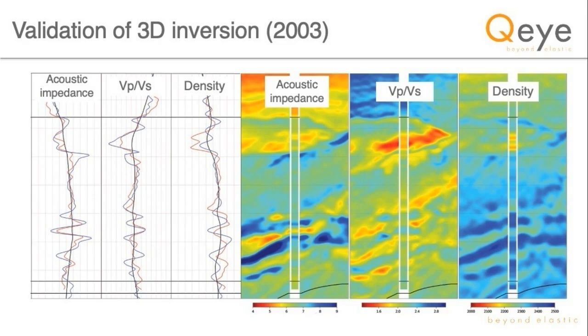And in this case, even density, not the same quality as the first two, but still quite a good correlation between the well log and the inversion result, which overall indicates this is very, very high quality seismic data. Then the next 3 panels in color are the same results. So if I just look at acoustic impedance, you have the acoustic impedance log in the middle, and then you have the inversion result at the well location on either side. So it's just a different way of correlating the results.